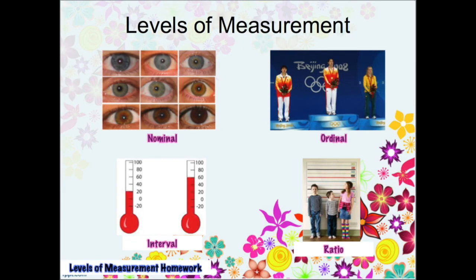All right, so the next thing that we're going to talk about is the levels of measurement. And when we're looking at levels of measurement, this is really specifically referring to the dependent variable. So at what level of measurement, and your options are nominal, ordinal, interval, and ratio, are you measuring that dependent variable?